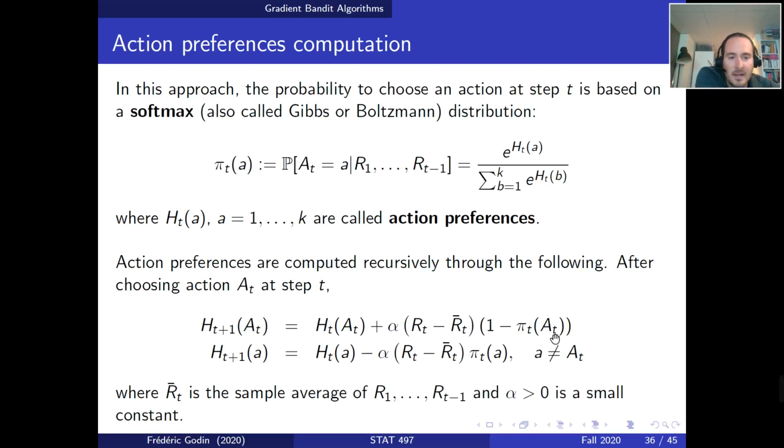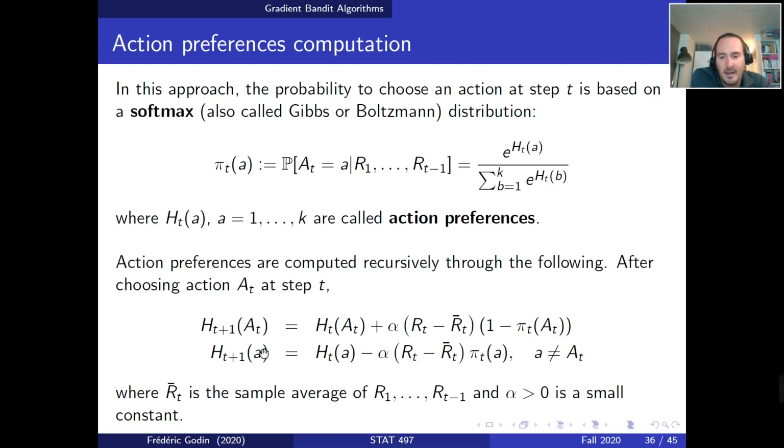The term 1 minus the probability of having selected action A_t at play t is always non-negative, between 0 and 1.